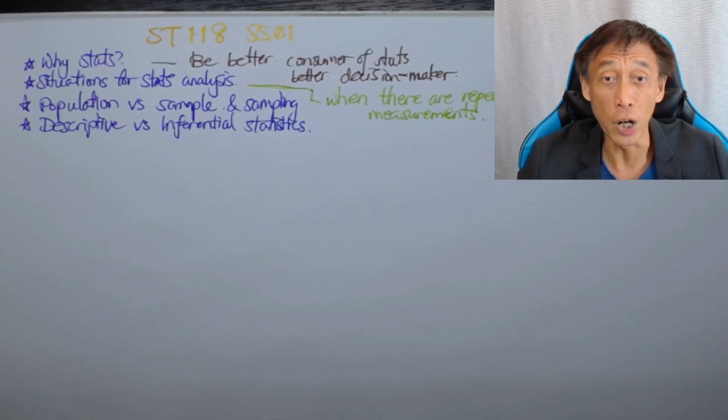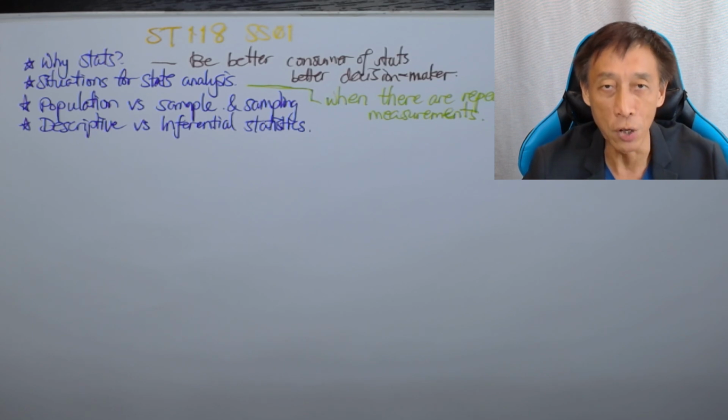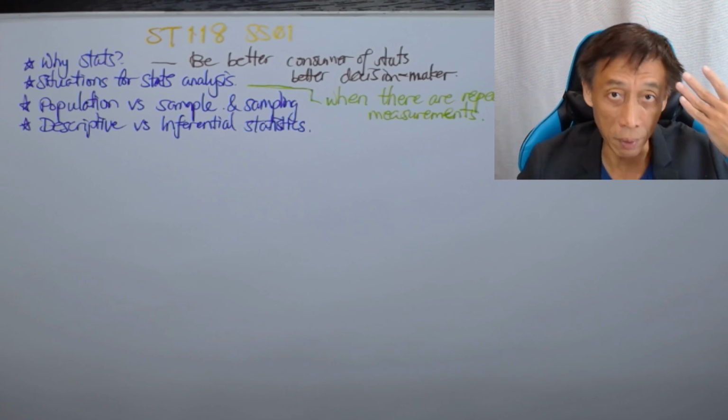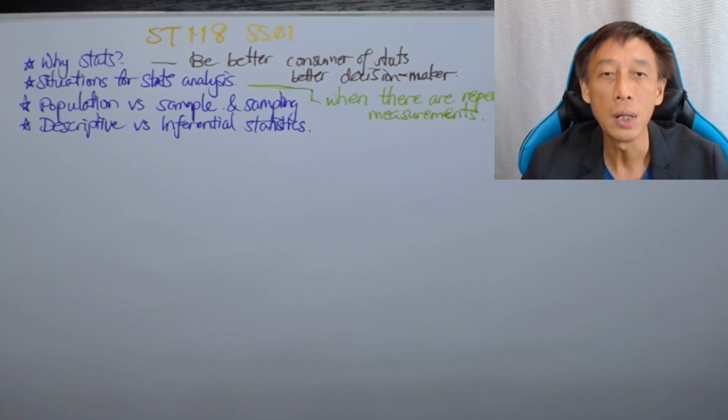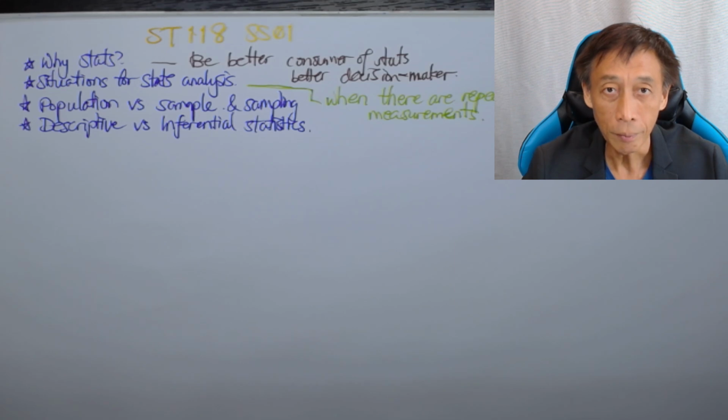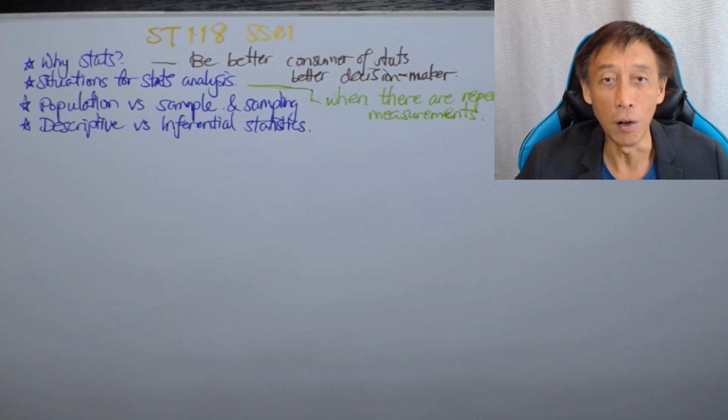Okay, so that would generate a lot of data. I mean, not as in gigabytes of data, but a lot of repeated measurements of the temperature of the person at the same spot, maybe forehead or under the armpit, across 48 hours.